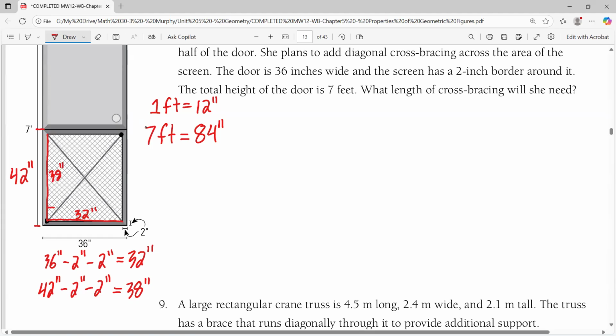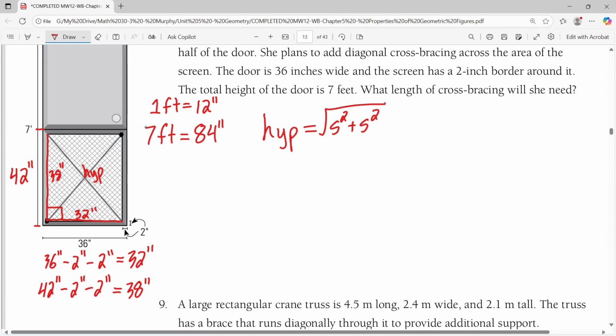Now this is a right angle triangle, so we should be able to get the hypotenuse. Okay, so hypotenuse equals one of the sides squared plus the other side squared, square rooted. It doesn't matter which is which. You can put the 38 first or the 32. It doesn't matter.